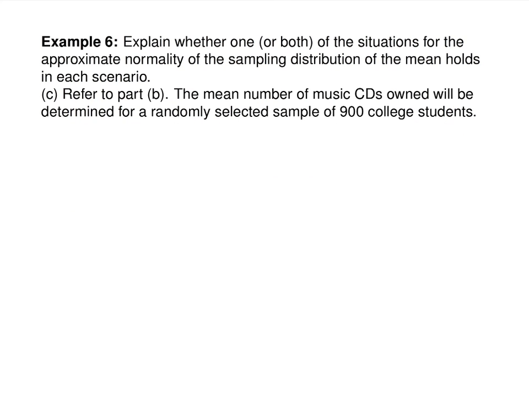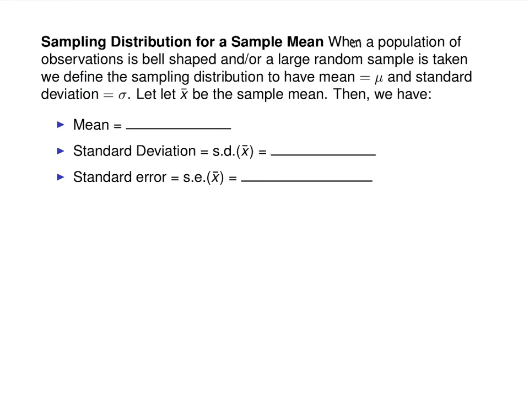Same idea, still talking about CDs, but now we have 900 college students. Well, condition 1 is still not met, but condition 2 is. So here is our sampling distribution for a sample mean.